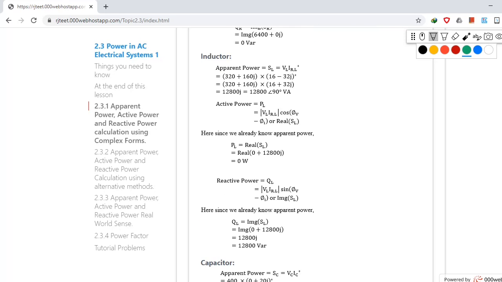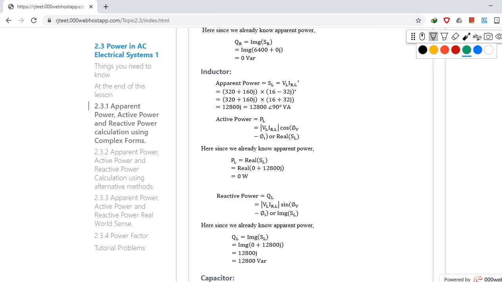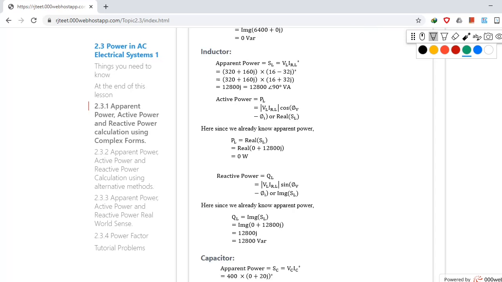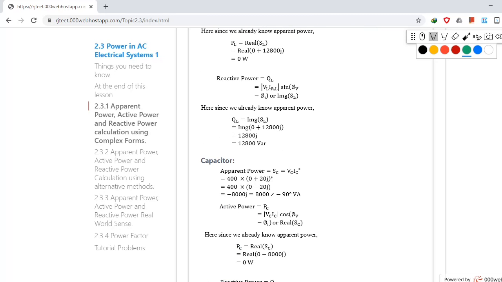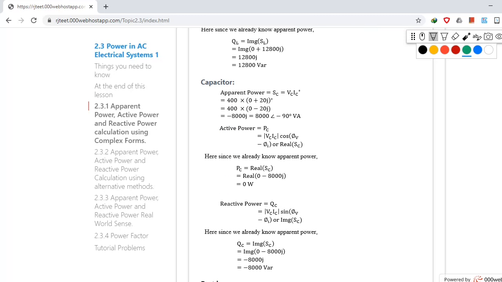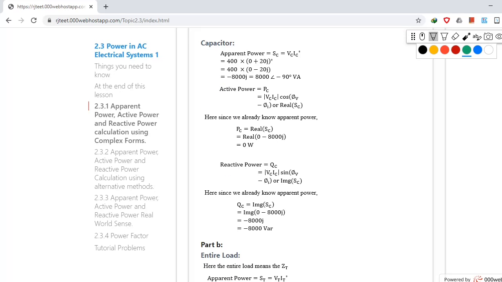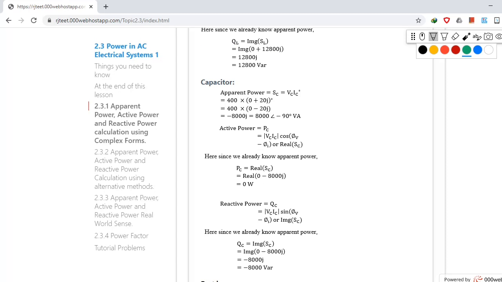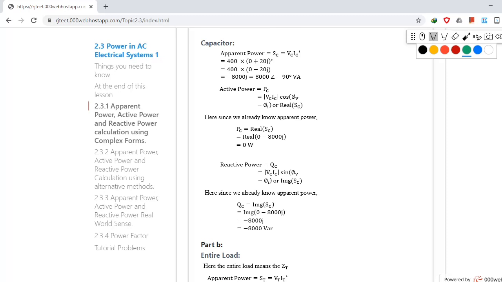So in the same way, I have calculated the apparent, active and reactive power for each element. So for the capacitor as well, we have calculated. And one thing you should notice here, right? So when we calculate the reactive power of capacitor, you see it's a negative value, right? This is the case for capacitive elements.